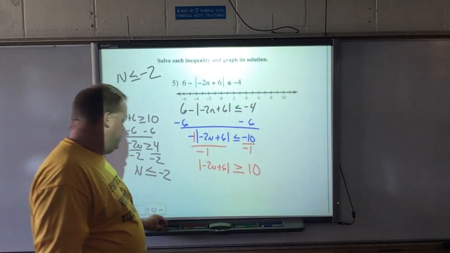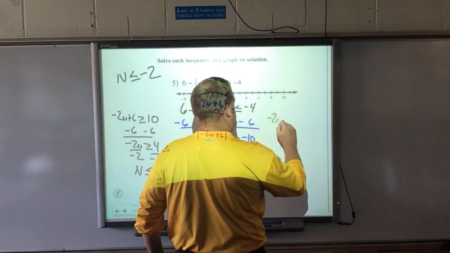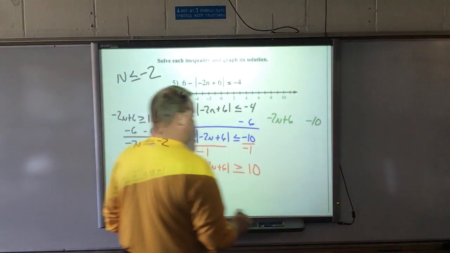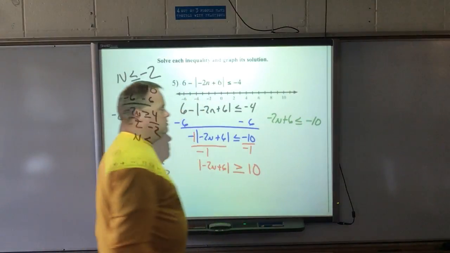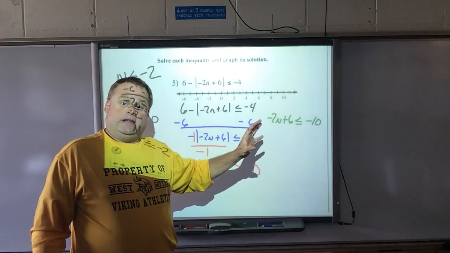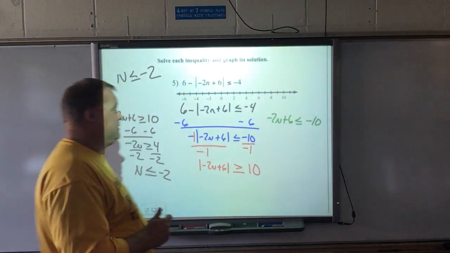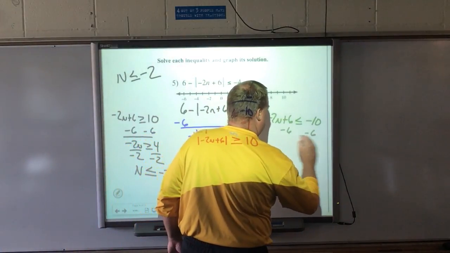All right, let's do it the other way. I have a negative 2n plus 6. This time I want the negative 10, so I have to flip my inequality sign so it's less than or equal to. I added a negative to the 10, so I have to flip the inequality sign. From here, subtract 6.